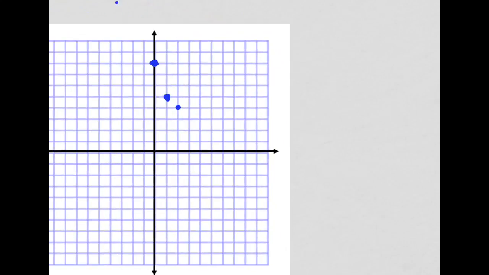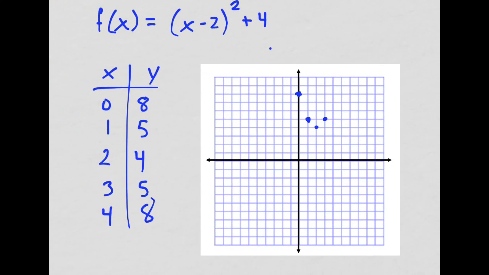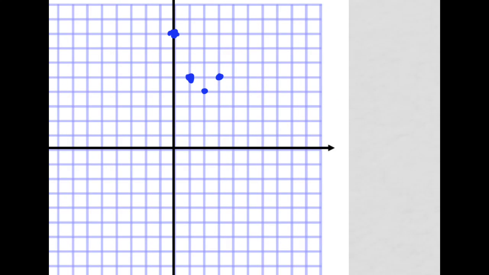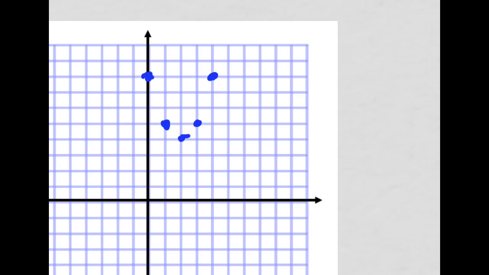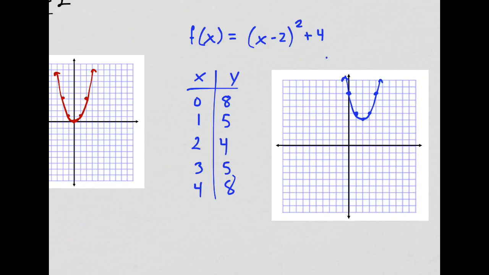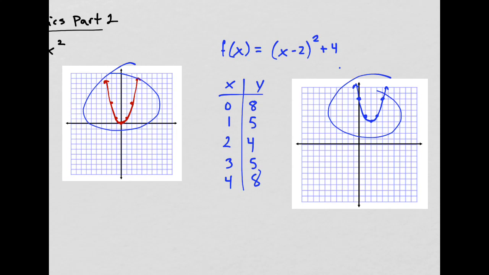I have 3, 5, over 3, up 5. And 4, 8. And then I have this. Nice parabola. Look at that. It's the same thing, except this moved up and over.